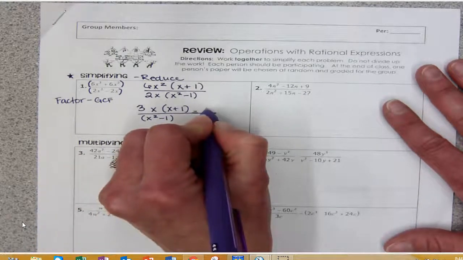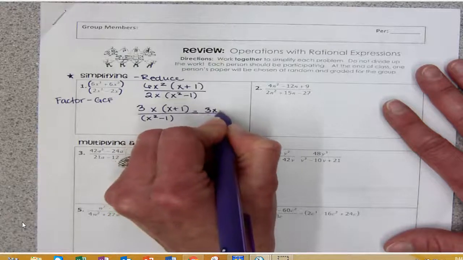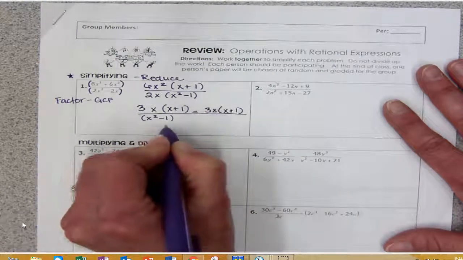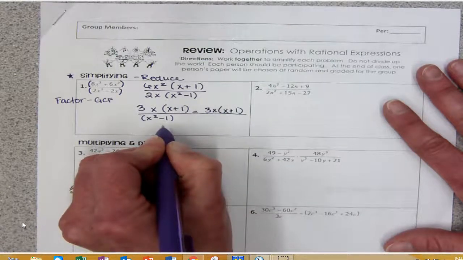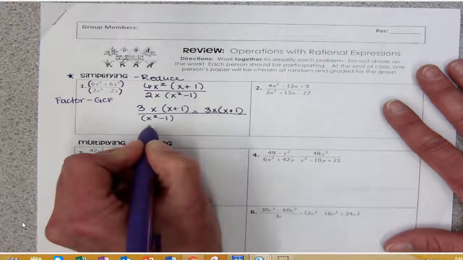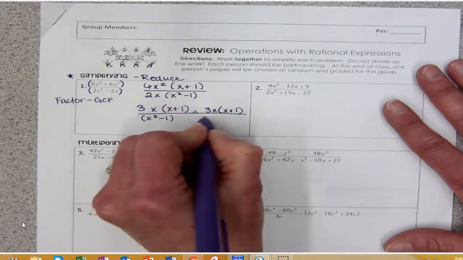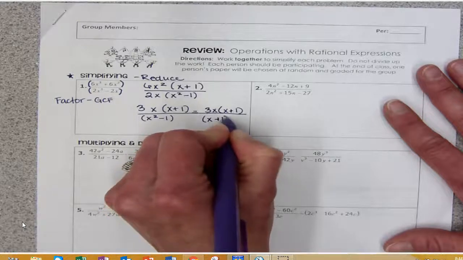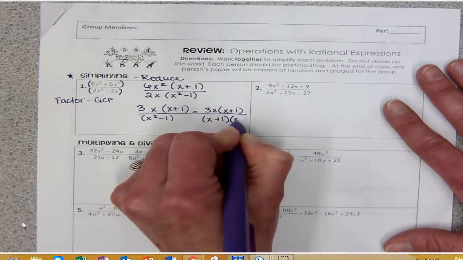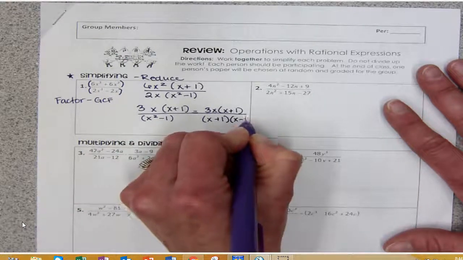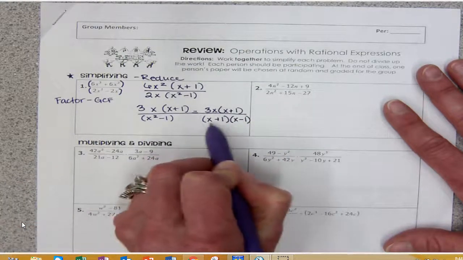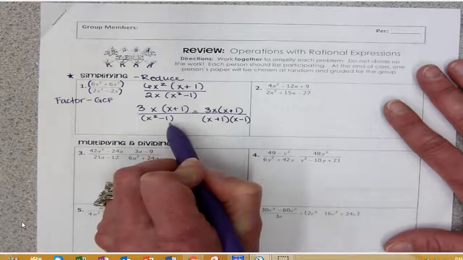So this can be factored into, your numerator would stay the same, but your denominator can be factored further into the square root of x squared, which is x, plus 1, the square root of 1 is 1. So you're doing the square root of x squared and the square root of 1.